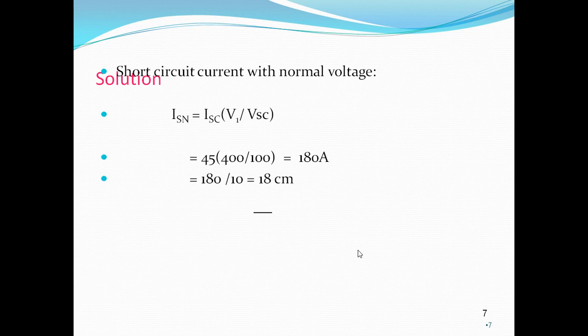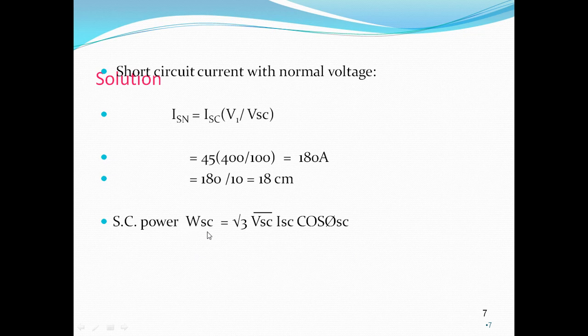So this 18 centimeters is OB. Now we have to draw OB at an angle. Which angle? That is phi S. We have to calculate the short circuit angle also. The same way, cos phi SC is equal to WSC by root 3 VSC ISC.